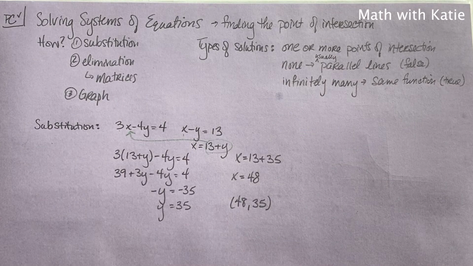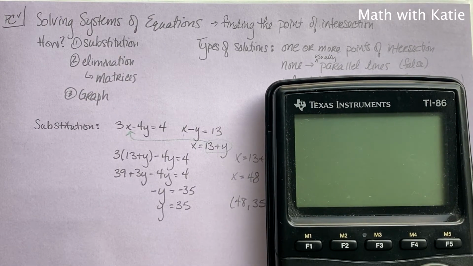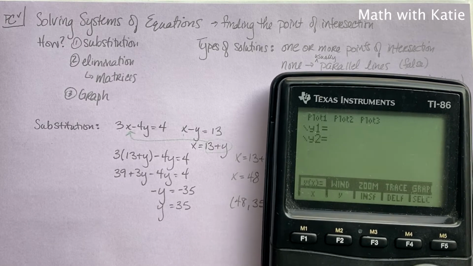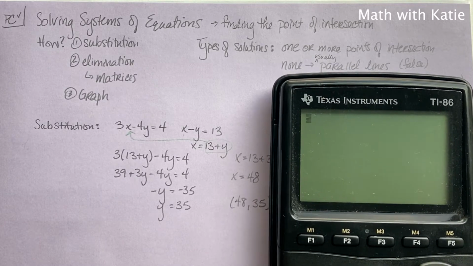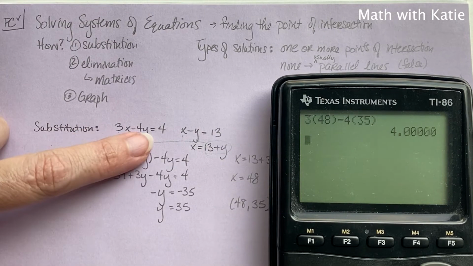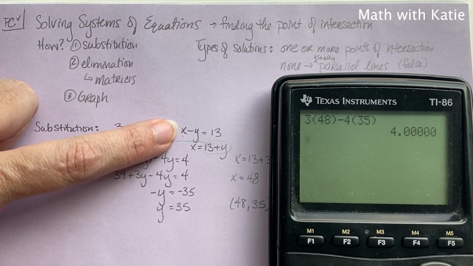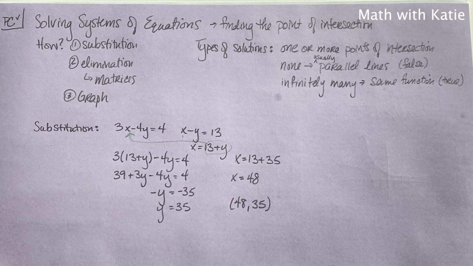And then how to check that. Okay, so 3 times 48 minus 4 times 35 should give us 4, awesome. And then we'll check it again. So 48 minus 35 should give us 13. All right, so we have our point of intersection.